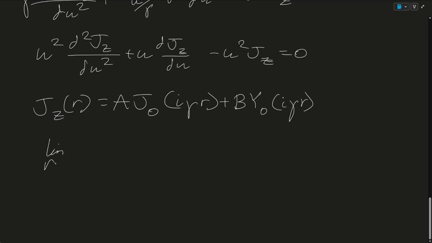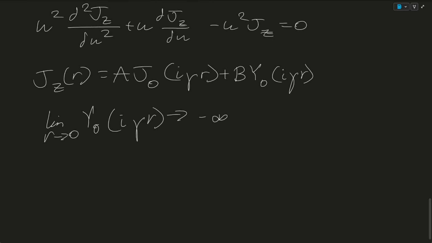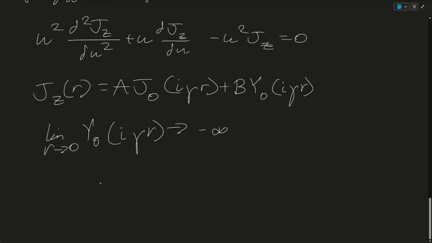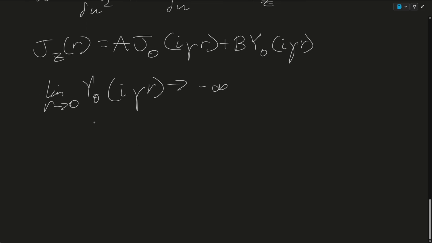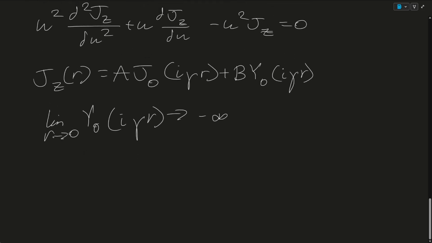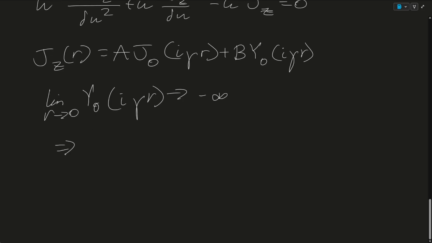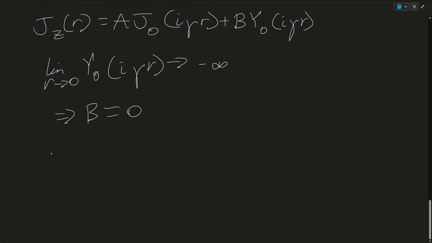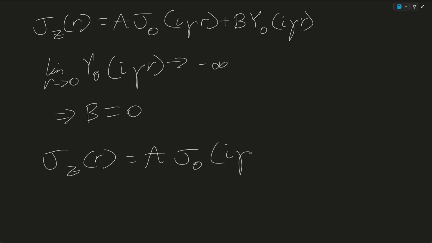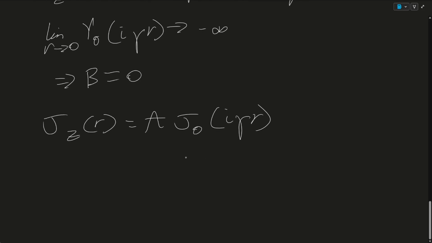You can write that as the limit as r tends to 0 of Y0 of i gamma r approaches infinity, which is annoying because at the center of the wire the current density must be finite. So we have to set b equal to 0, which is actually not annoying, because it makes it even simpler. So we know that it's now just some variable a times J0 of i gamma r. So there's only one Bessel function involved, which is nice.